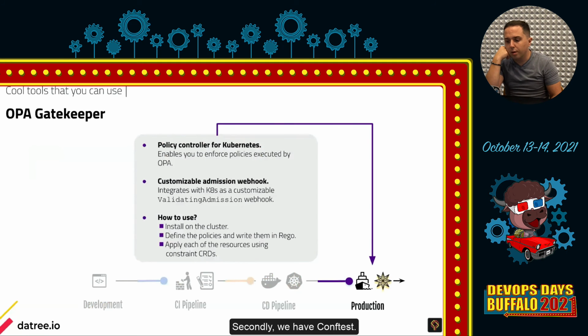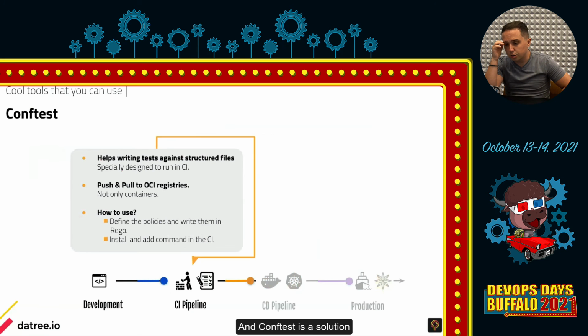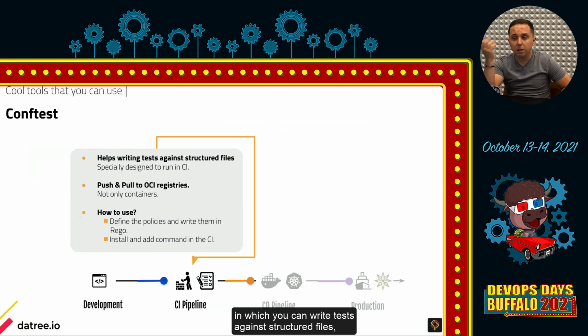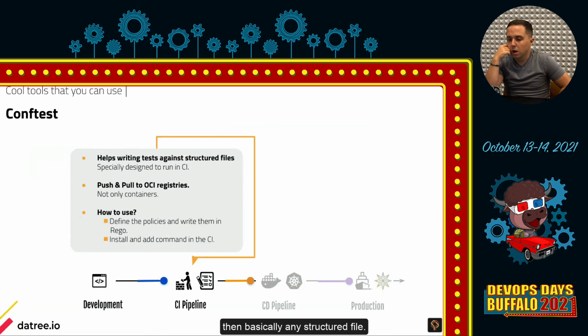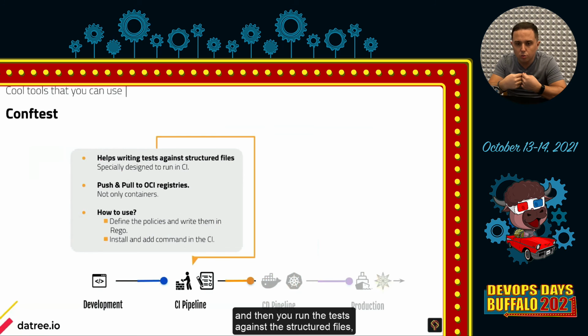Secondly, we have conftest. And conftest is a solution in which you can write tests against structured files, which is really nice. It can be Kubernetes files, Terraform files, Python files, basically any structured file. And you also write the policies in Rego, and then you run the tests against the structured files, and it will output whether there is an error or not.